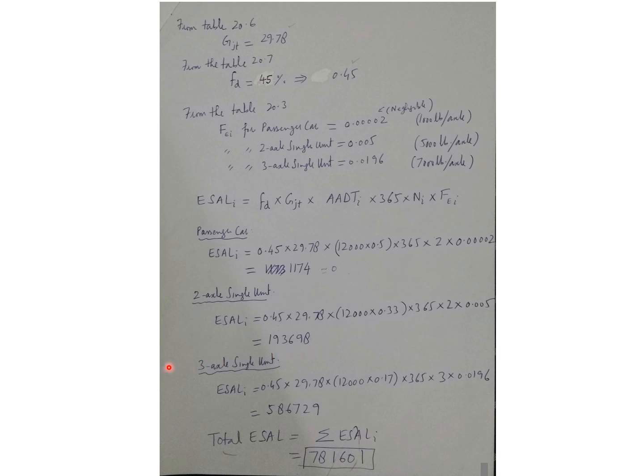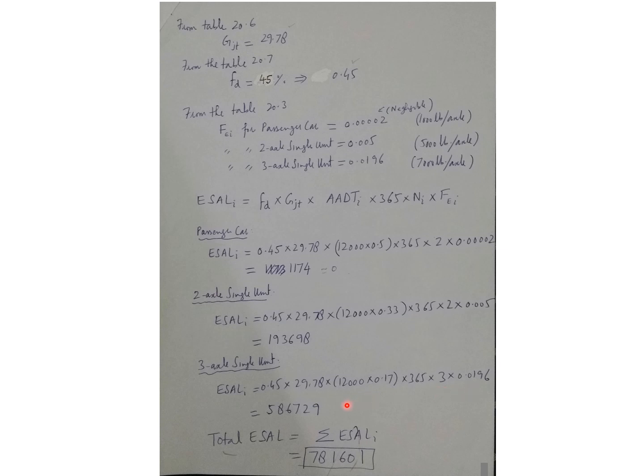Same thing is to be done for 3XL single unit, and here you can see the values 0.45, 22.78, and here 12,000 multiplied by 0.17, because 3XL single unit trucks are comprised of 17% of the traffic. 365, and here as you can see 3XLs are present in that particular vehicle, so 3 has been substituted over here, and the load equivalency factor is 0.0196.